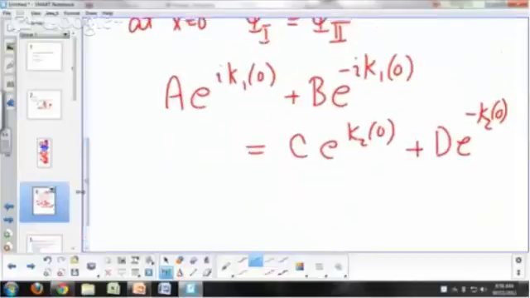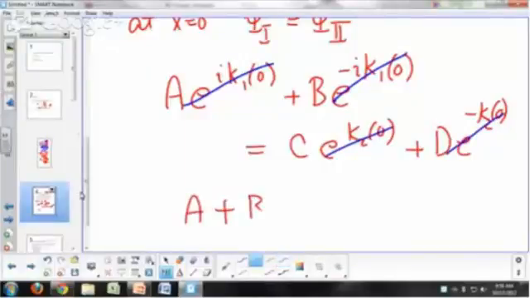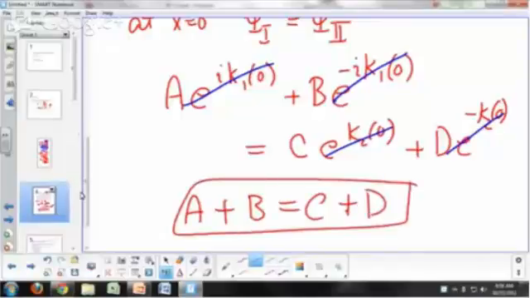So what is e to the 0? That's just 1, that's just 1, that's just 1, and that's just 1. So we have to restrict A plus B must be equal to C plus D. Okay, so that's one of the equations that you can use to determine what those constants are. So what would you do if you want the first derivative to be continuous at x equals 0?